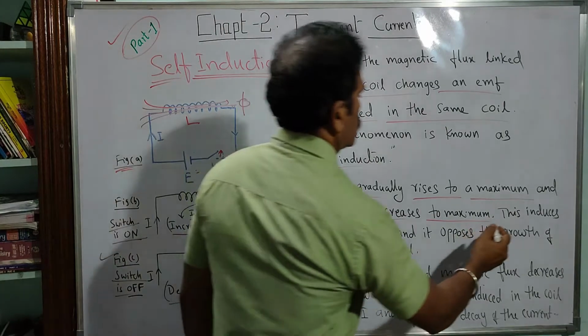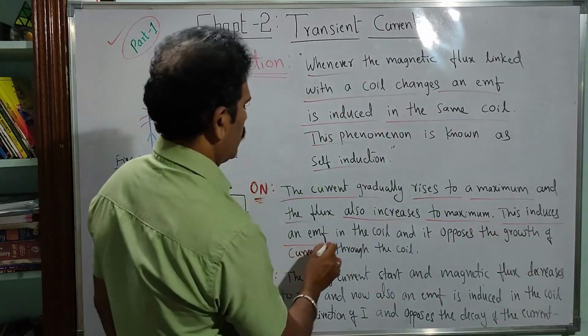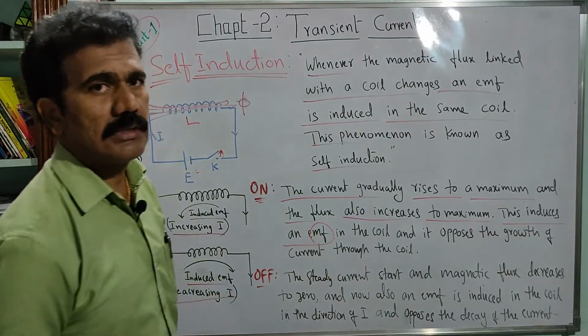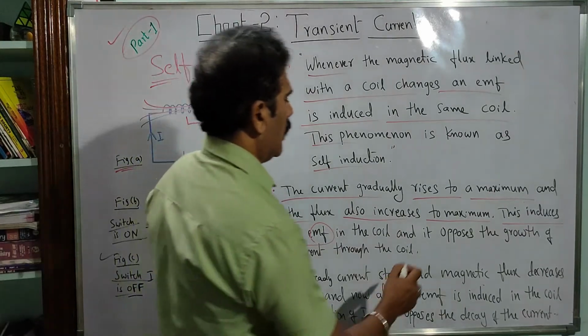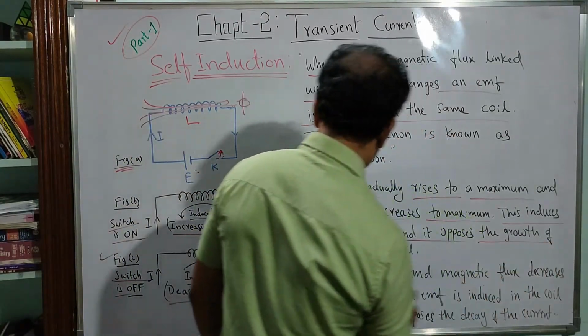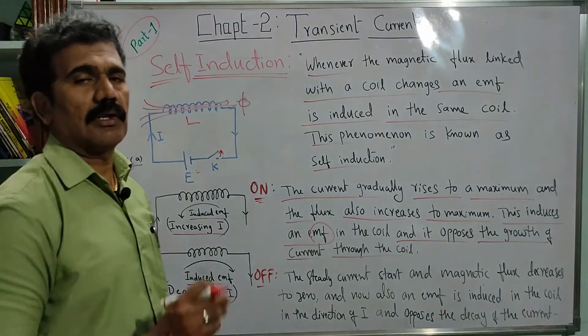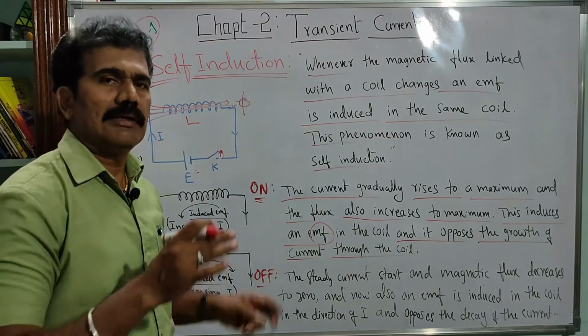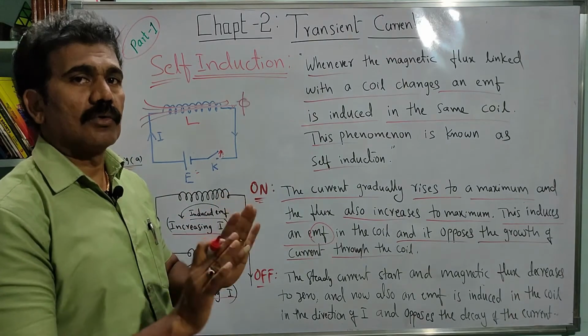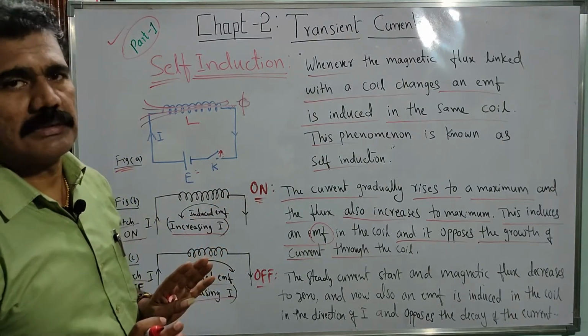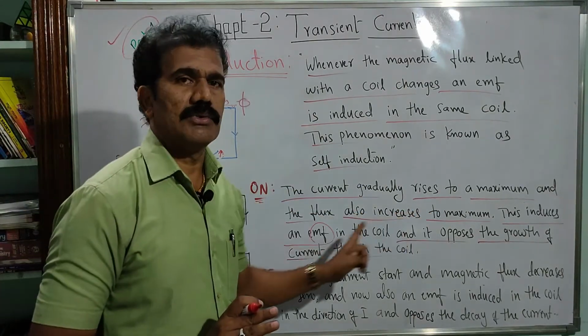This induces an EMF in the coil and opposes the growth of the current through the coil. It is not allowing the current to rise immediately; it just opposes the growth of the current. What is opposing here? The induced EMF produced in the coil.